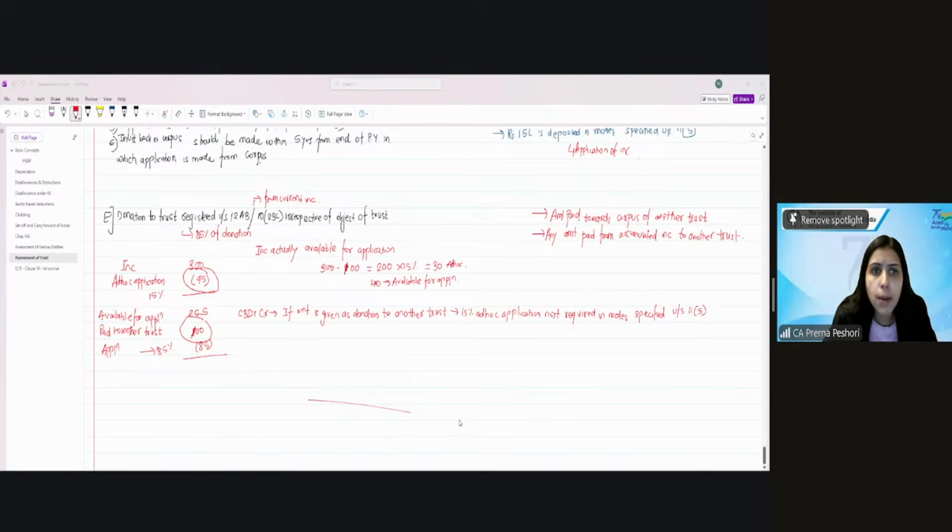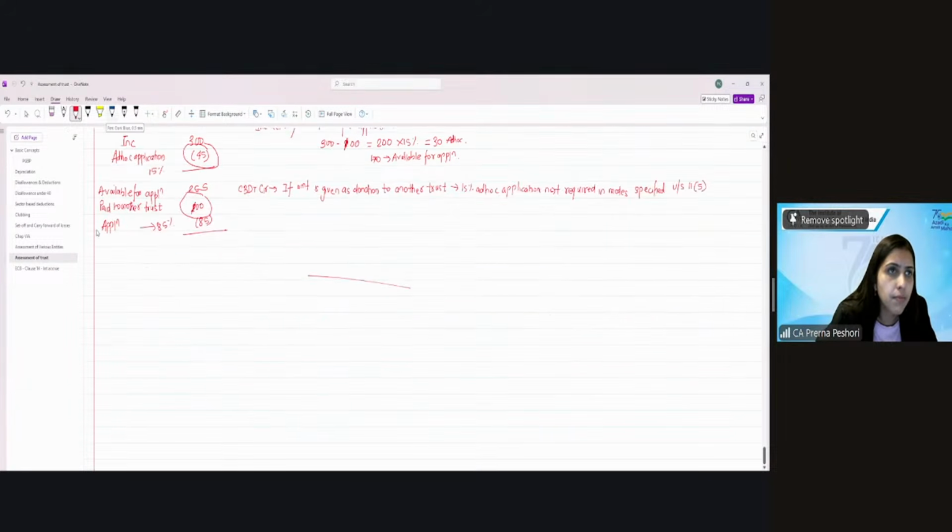Let's say, for example, for some reason, the trust is not able to apply 85% of its income or any portion of that income. So in that particular case, it has an option.